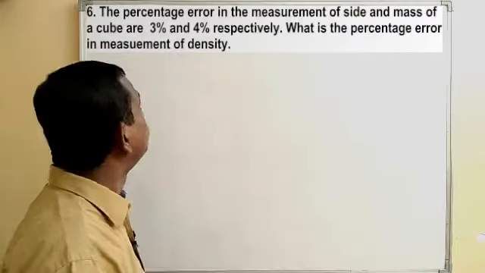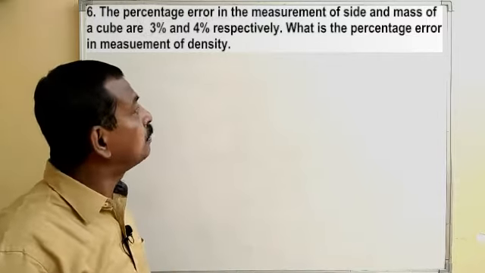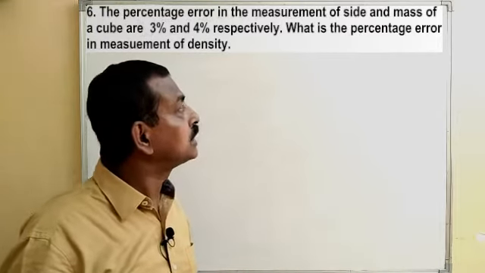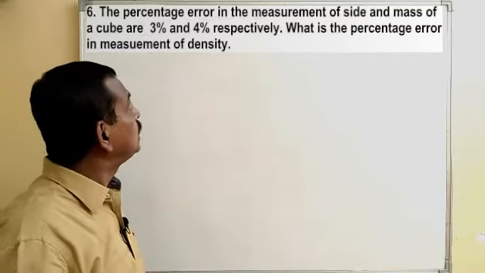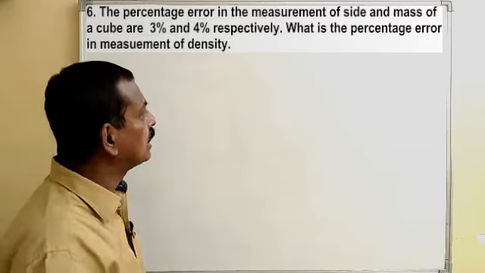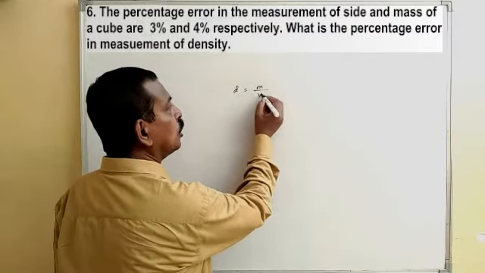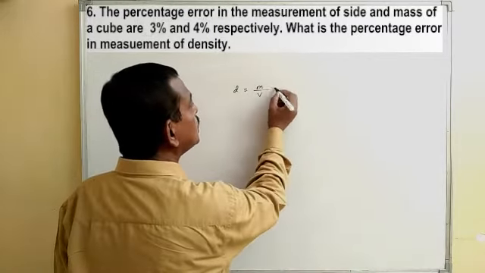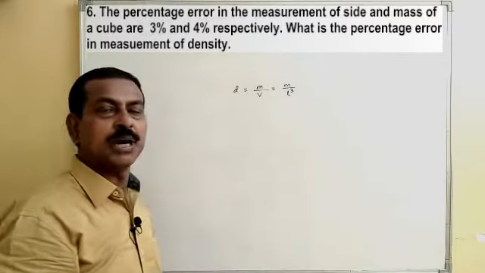Another question: the percentage errors in measurement of side and mass of a cube are 3% and 4% respectively. Find the percentage error in the measurement of the density. Now again, this is also very simple. Density is mass by volume, and if you express volume in terms of the side, it is mass by side cube.